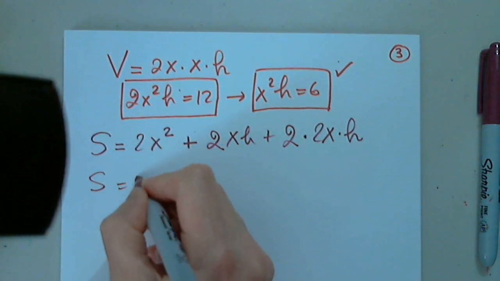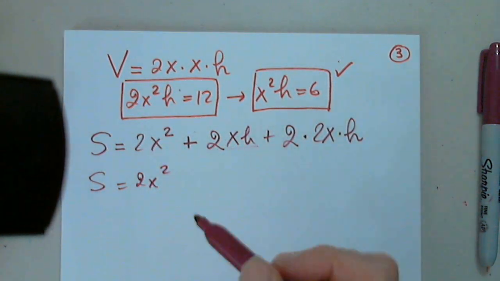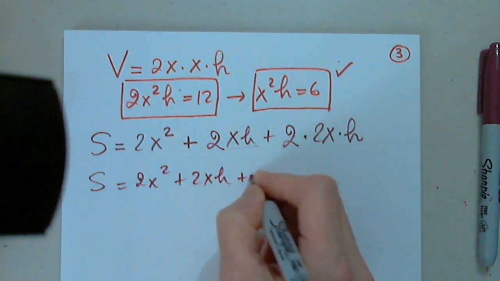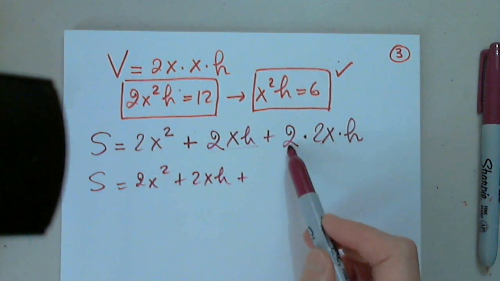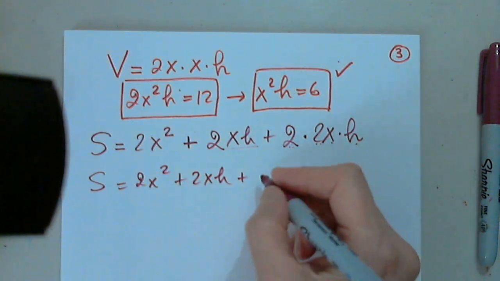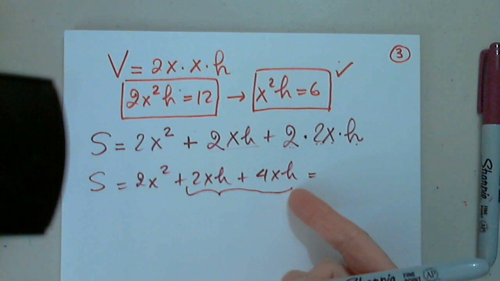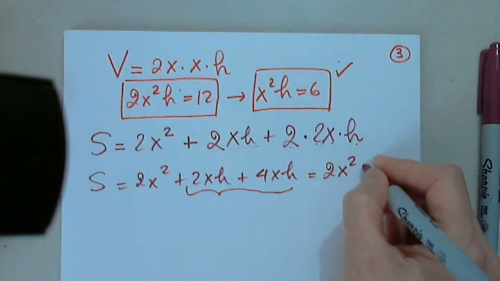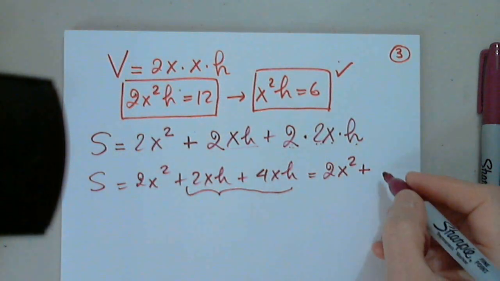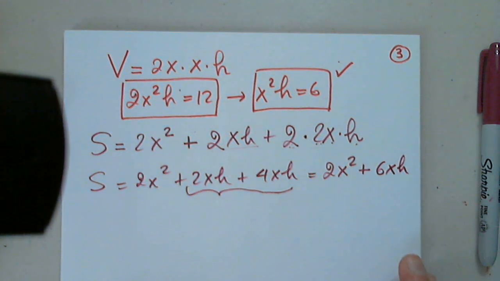So we have s equals 2x squared plus 2xh plus, but this is 4. 2 times 2 times x times h is 4xh. These can be combined. Can anyone combine these two and tell us what to write? 6xh. Good.